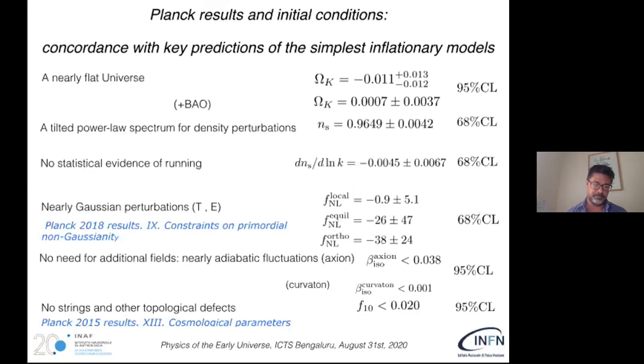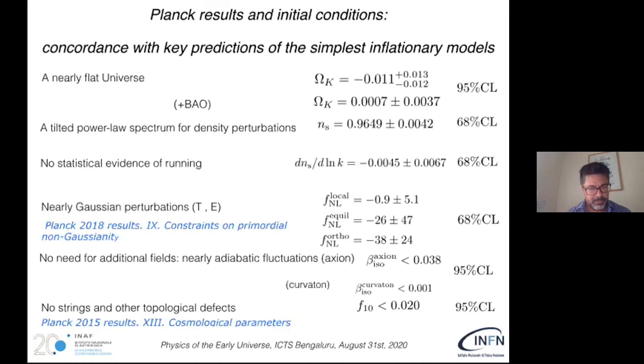We have an important test for adiabatic fluctuations, which translates into upper bounds. And I'm quoting here the results for CDM isocurvature fluctuations: upper bounds for uncorrelated fluctuations, as in the case of axions, at the few percent level, or even below, at the 1 per mil level for the curvaton, for fully correlated isocurvature perturbations.